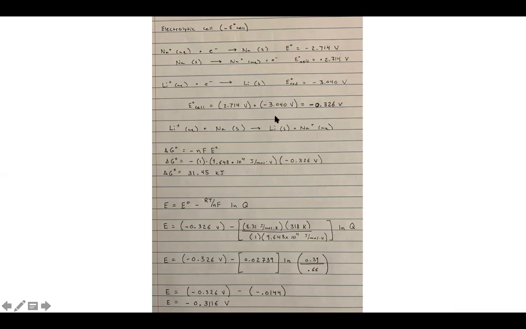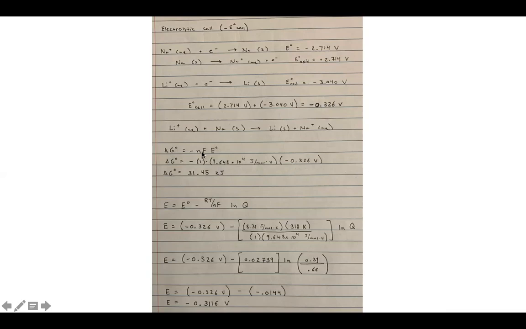They didn't ask what the cell potential of this electrolytic cell is. They asked what's the Gibbs free energy associated with it. So I'm going to write delta G naught is equal to negative N times F times E naught. Faraday's constant is constant, so I'm going to plug that in. My cell potential I just found above, it's negative 0.326 volts.